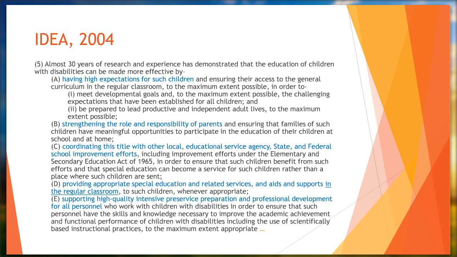Additional ways include engaging parents in educational decision-making for their children, collaborating with others within and across programs to ensure children are meaningfully included rather than simply placed in a setting, providing children with appropriate special education and related services, aids, and supports in the regular classroom to facilitate these meaningful experiences, and finally, taking the time to prepare professionals with the skills and knowledge needed to promote learning.